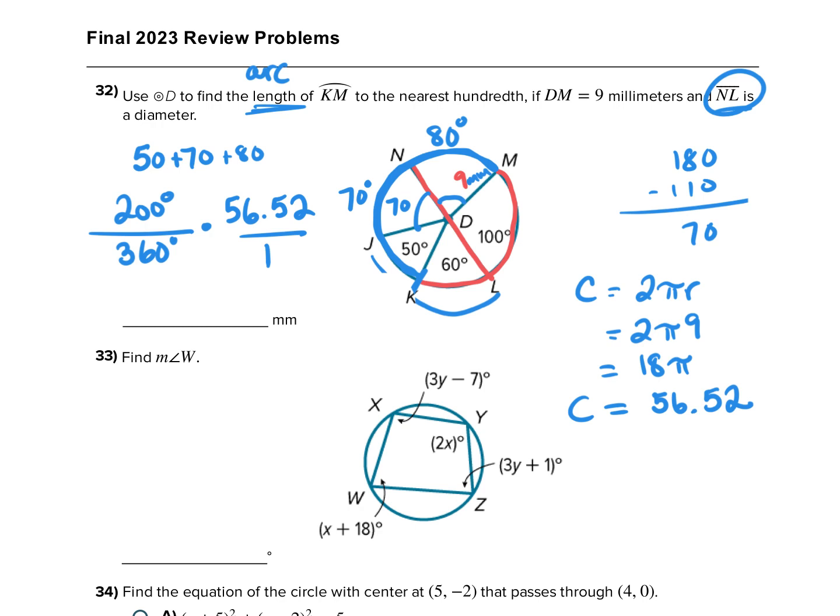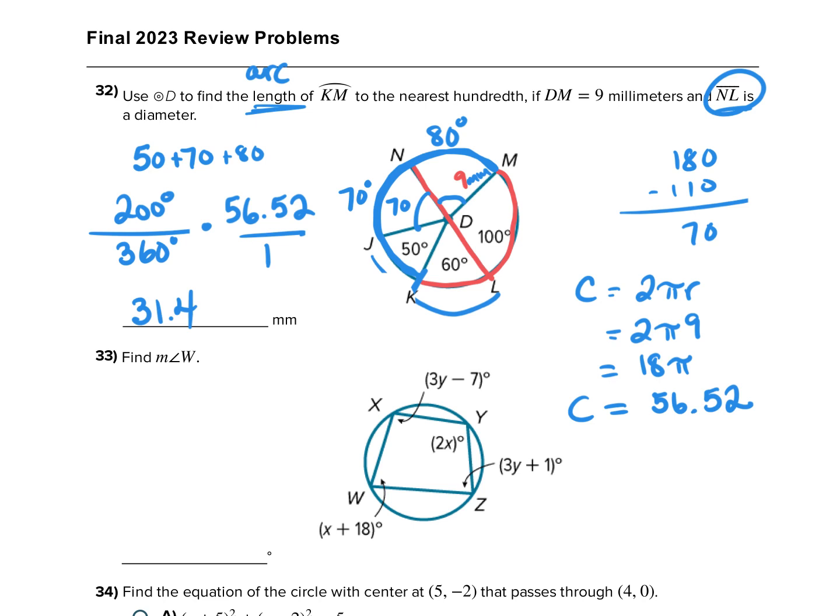So to get my final answer, I'm going to take my total circumference, multiply times 200, the portion of the total circumference I'm looking for, and divide it by 360, the total number of degrees, and I get 31.4.